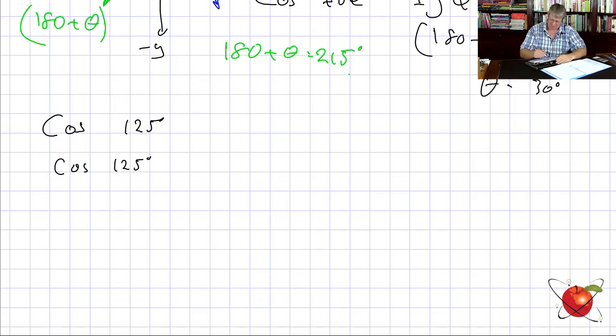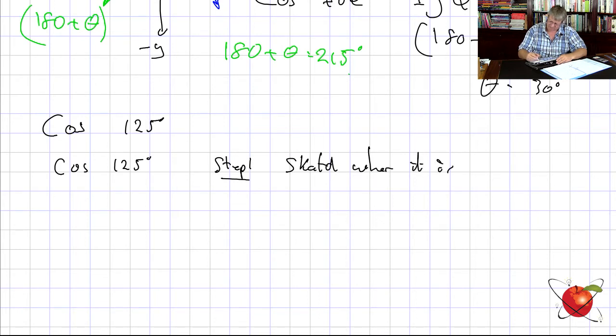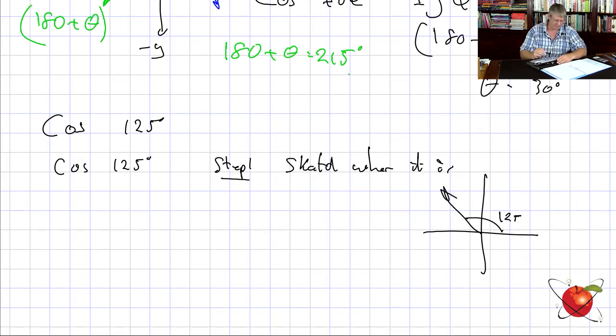So what do we do? Step one, sketch it quickly. Sketch where it is. So 125, I know, is somewhere there, and that's my 125, okay?